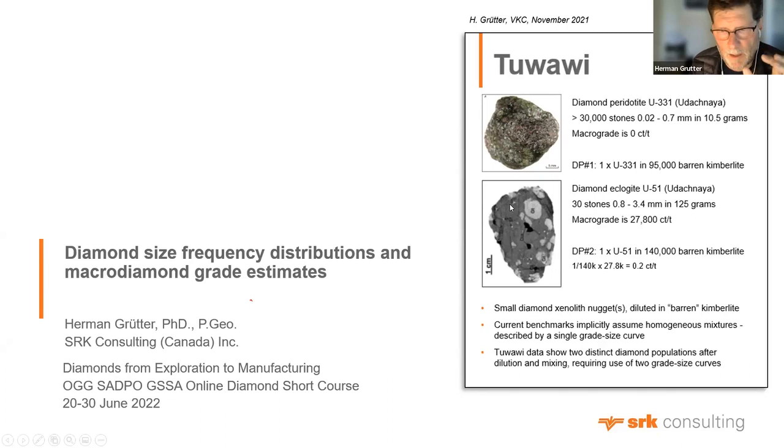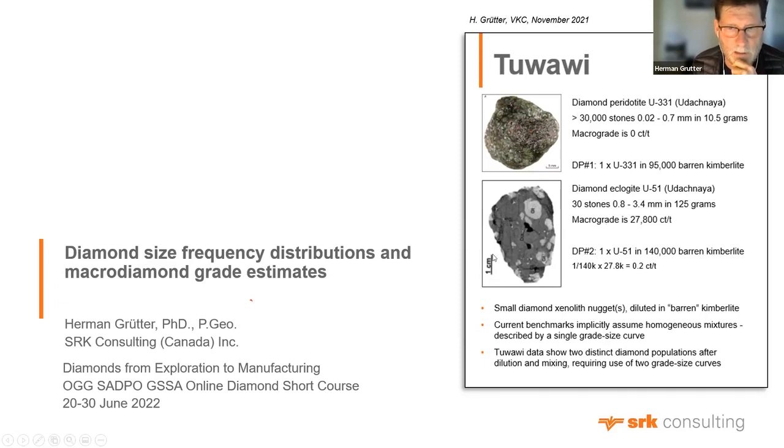The Tuawi case forces us to recognize that a small peridotite like this, which comes from Udachnaya, has an astounding number of very small diamonds, but has no macrograde attached to it. In this case, for this diamond eclogite, it's a very small xenolith.